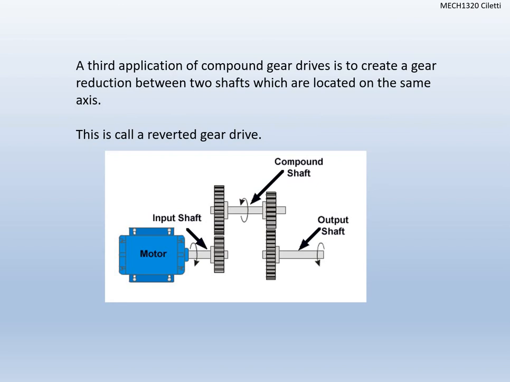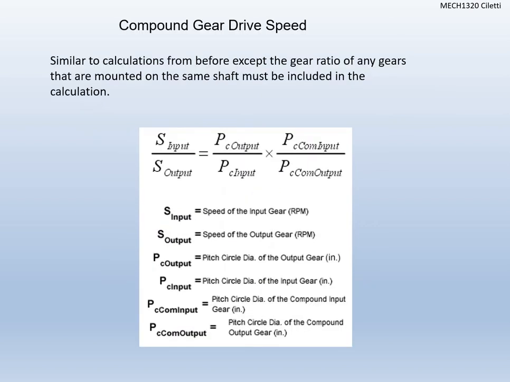This compound might be in a gearbox or things like that. It's called a reverted gear drive. We can use it for slowing our speed down, because we're increasing our torque in that sort of scenario. So it just depends on the different ways that we can possibly set these up and use them.